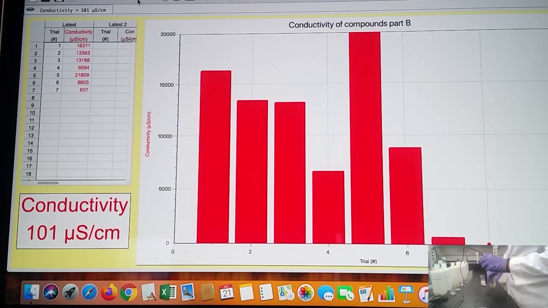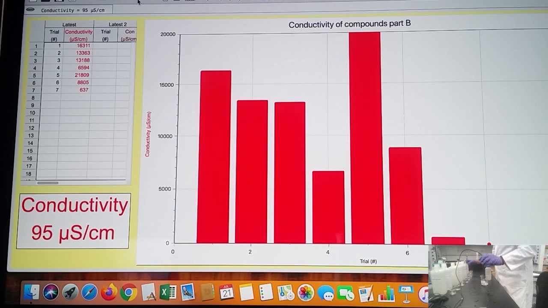Right, that concludes the acid section. Now we're going to look at some other substances. Our first one is the conductivity of our purified water. This is our particular purification method. This is not distilled water.